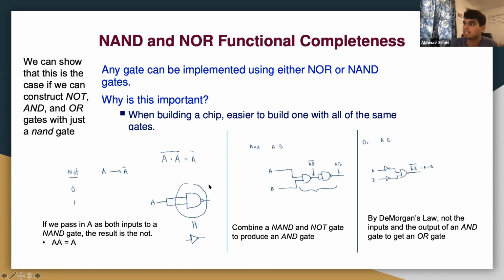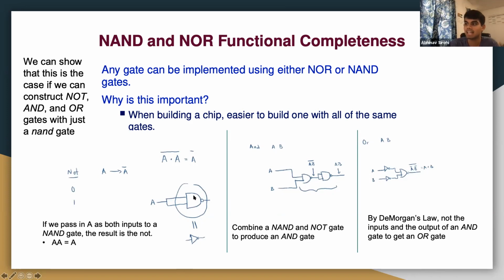So basically, this is how we could do that. We take A and we pass A as both of the inputs into this AND gate here, and then we negate the AND gate, and we're able to basically do NOT.